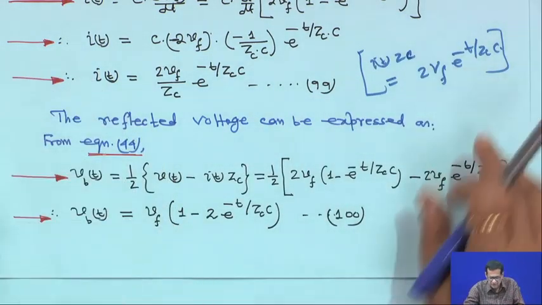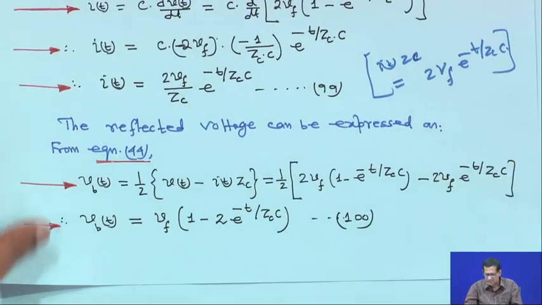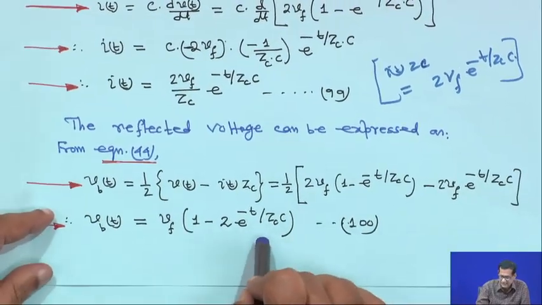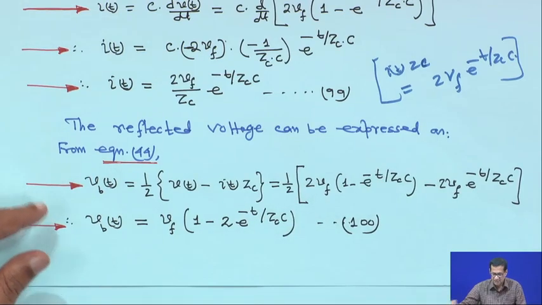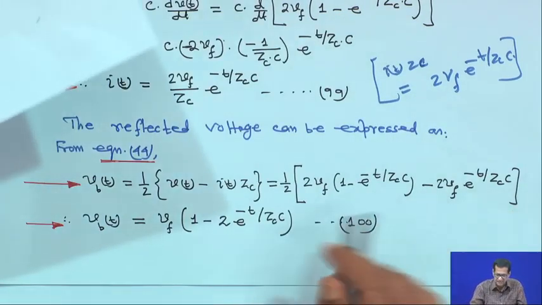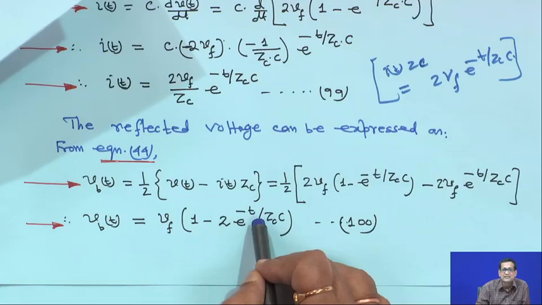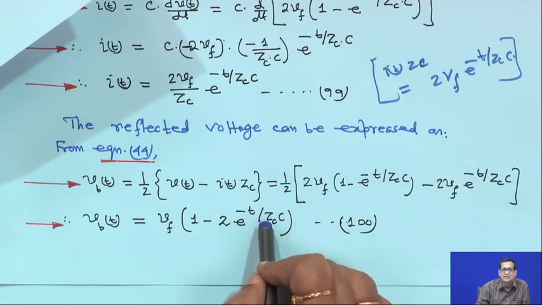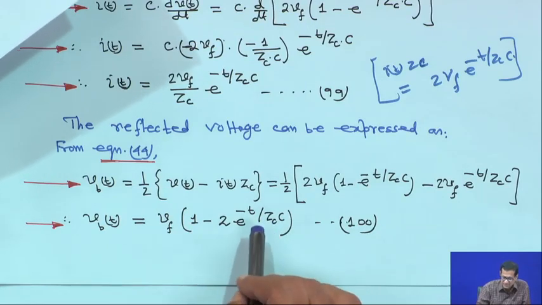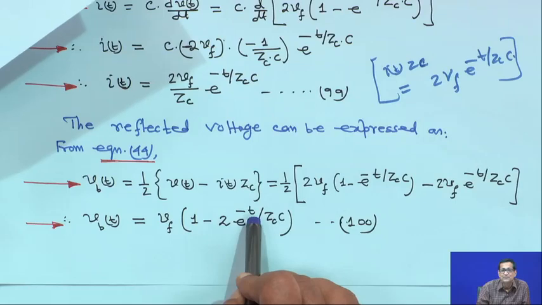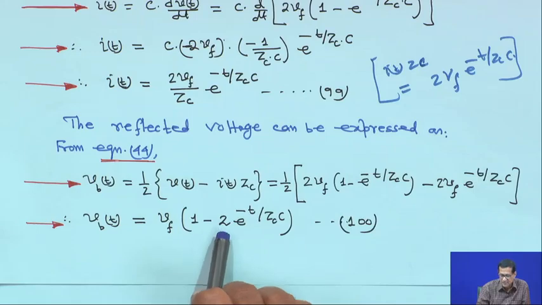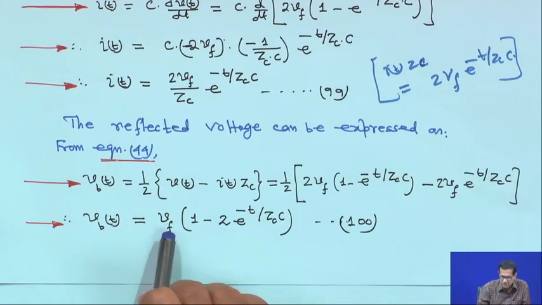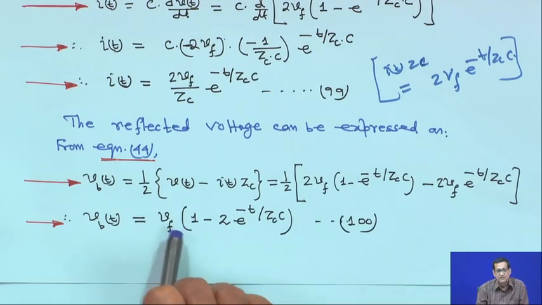Therefore, if you look into this, we can interpret it for any value of t. Suppose for example t is equal to 0. Then it will be 1 minus 2, so Vbt is equal to minus Vf.